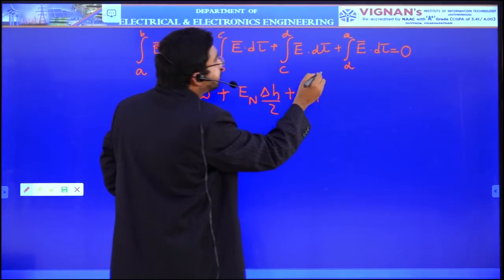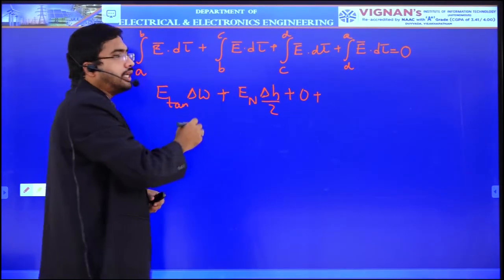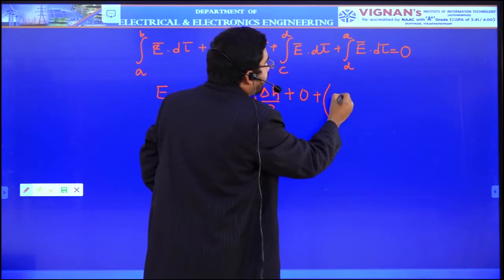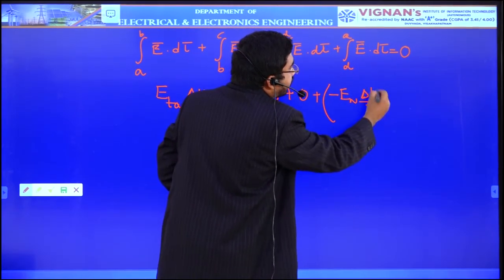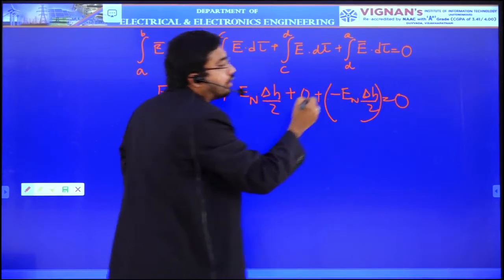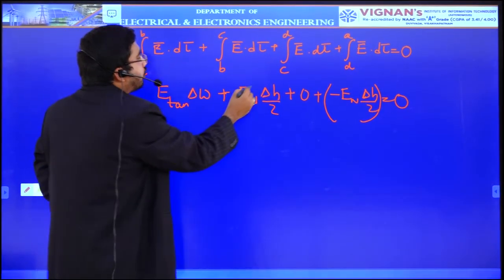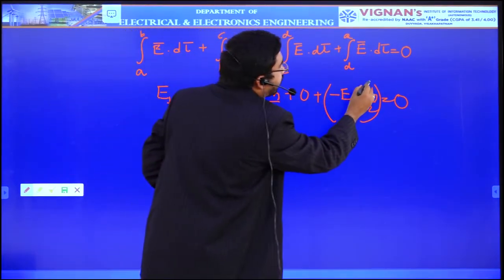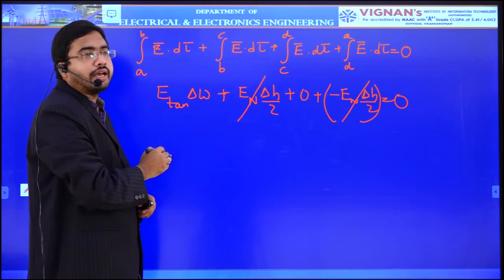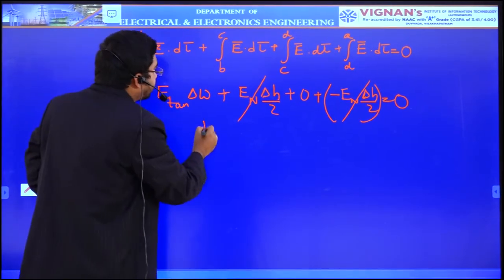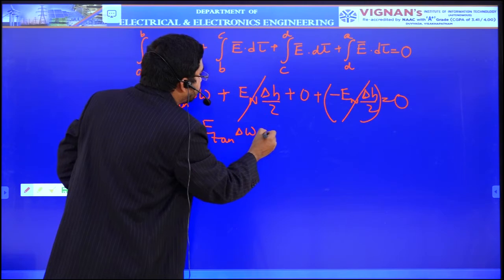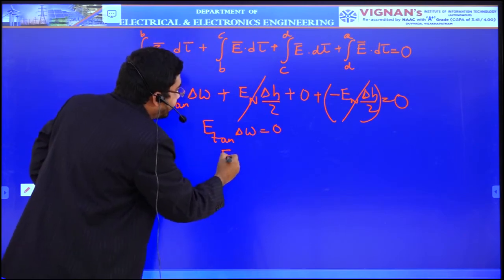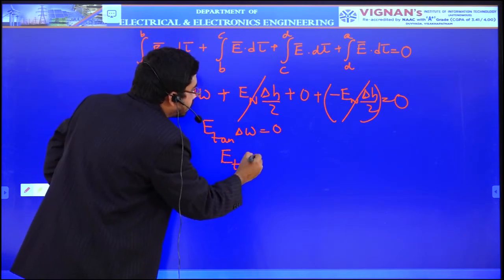And finally D to A is the reverse of B to C, so minus En into delta H by 2. All these we have derived just now, and that is equal to 0. So plus En delta H by 2 minus En delta H by 2 will cancel, and finally we are left with E tan delta W equal to 0. That means E tan is equal to 0.